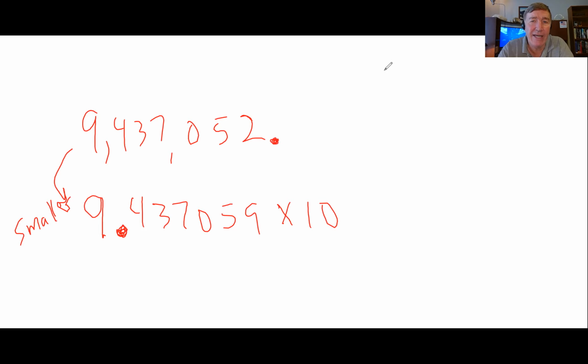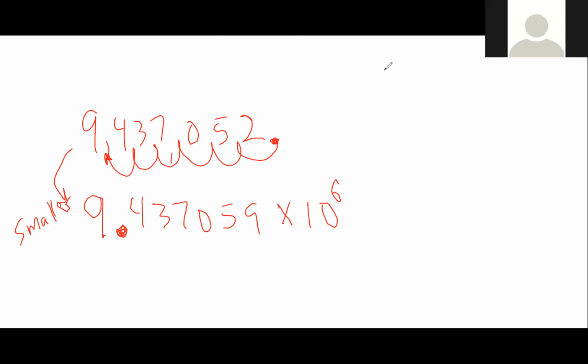So then I have to say, how many times would I have to shift that decimal to get it to be over here where I want it to be? So I'm looking at it and I see 1, 2, 3, 4, 5, 6. So that tells me that this number right here, the 10 to the, needs to be a 6. Does that answer your question, Atlas? Yeah. Okay.